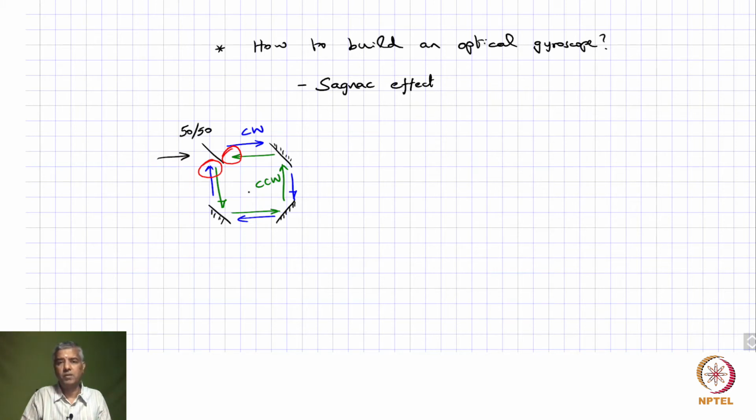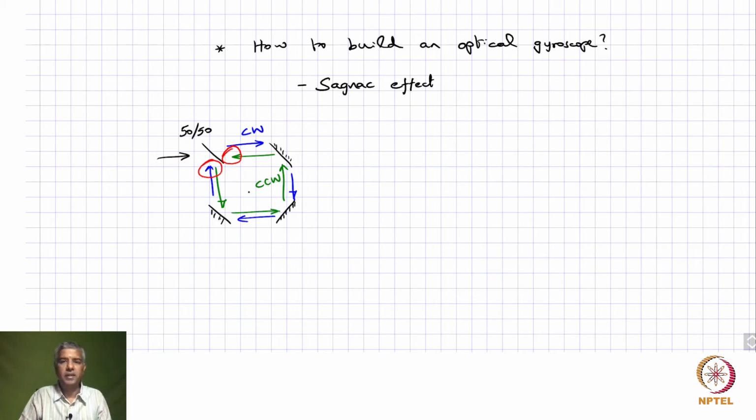So from that perspective, this Sagnac interferometer is one of the quietest interferometers that you can see. Normally at room temperature, whatever interference output that you get is going to be remaining the same, right? So remaining fairly constant.